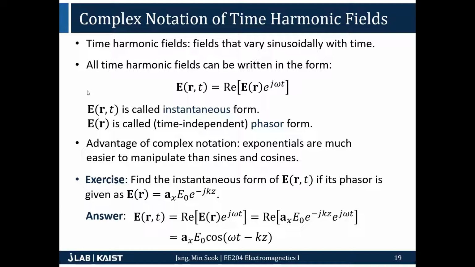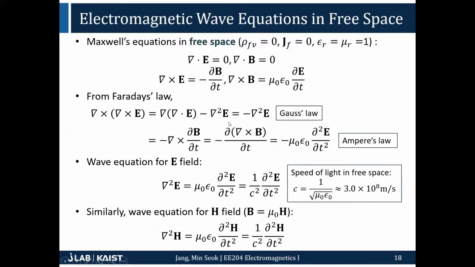Okay, Park Se-hoon asks at page 18, can we simply reduce del x dB/dt, curl dB/dt, to, oh yes, okay. So he's talking about this part, from this equation to that equation.